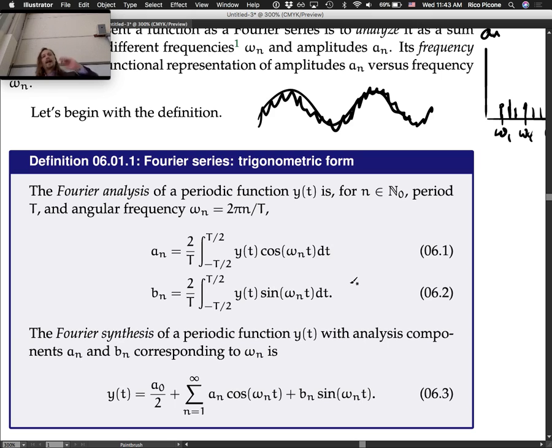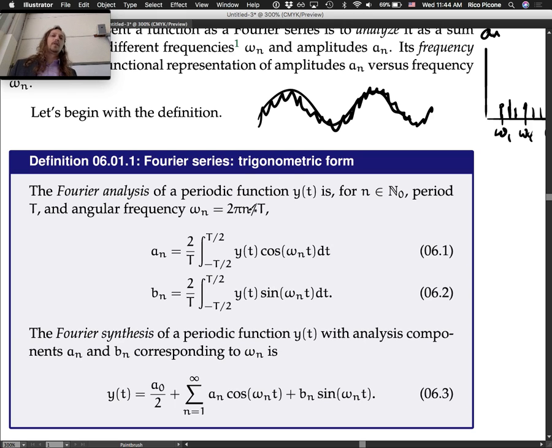So the Fourier analysis of a periodic function y of t, for n a positive integer, period T, and angular frequency omega n, which we define to be 2 pi n over T, which is to say the angular frequency of a single period in fractions of that period.